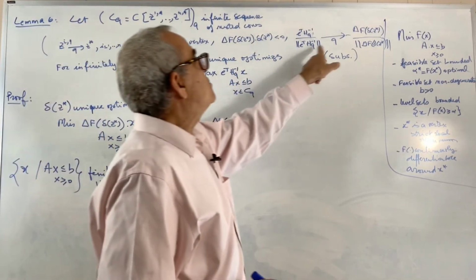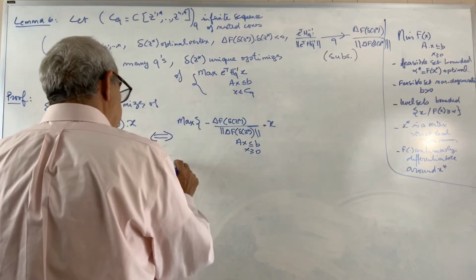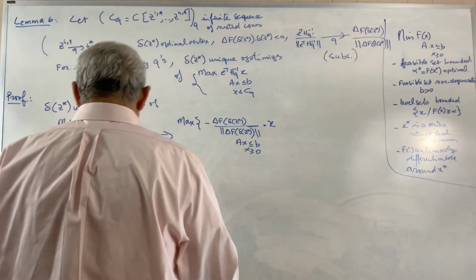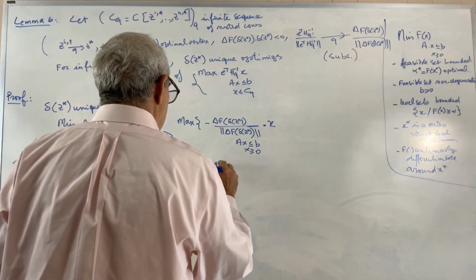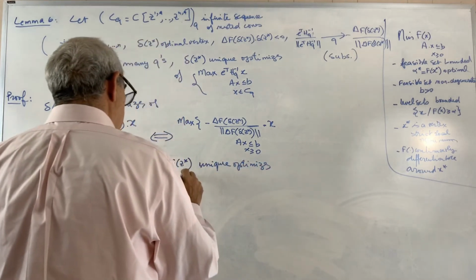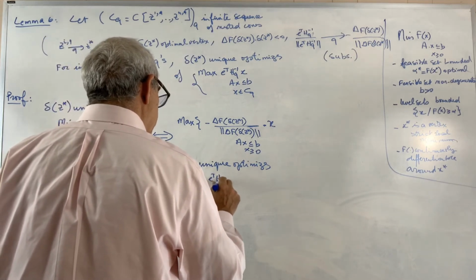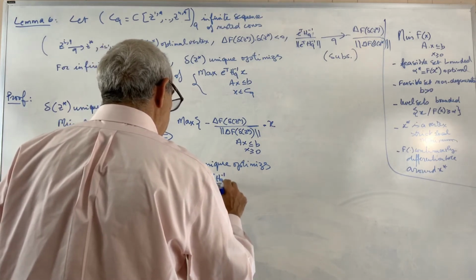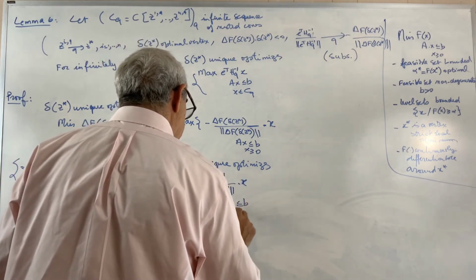Then, because this converges to this, I can say that delta of Z star is the unique optimizer of maximize E transpose H_{Q-1} over the norm of E transpose H_{Q-1} times X subject to AX less or equal to B, X greater or equal to 0.